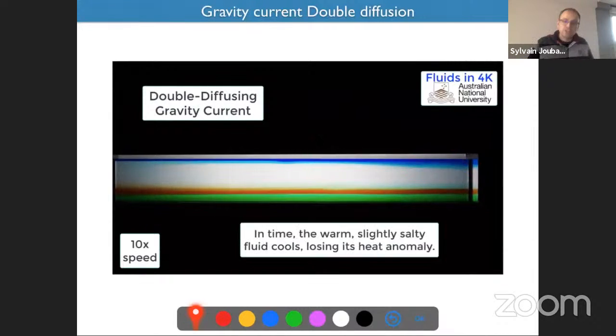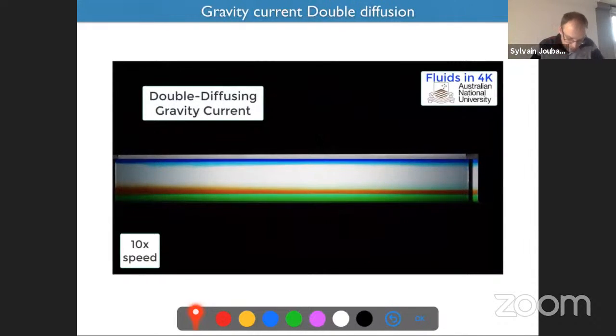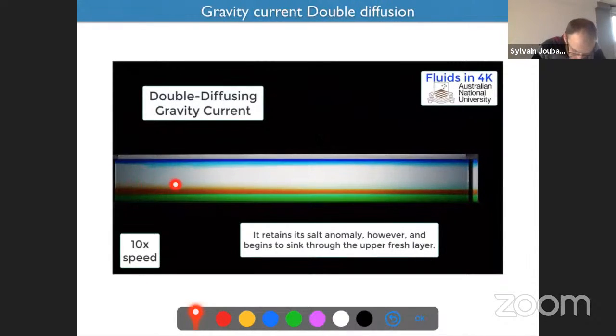So you have salt and, at one part, you can see strange features that will appear in the tank, that you can see here. You can see some sinking, like some plumes from the top going down.